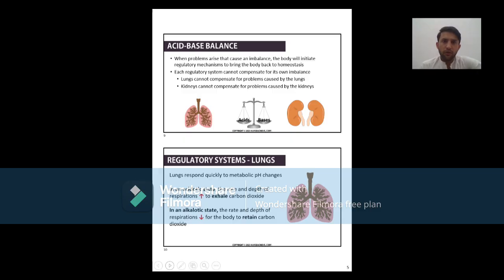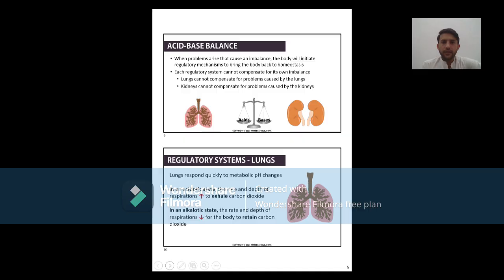Acid-base balance, how it is regulated inside our body. When a problem arises that causes an imbalance, the body will initiate a regulatory mechanism to bring the pH back to homeostasis. Each regulatory system cannot compensate for its own imbalance because it has some defect or problem.